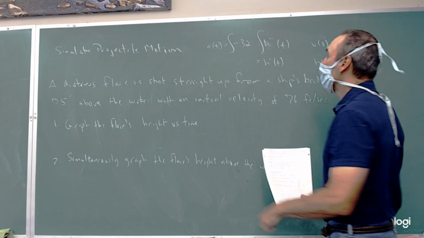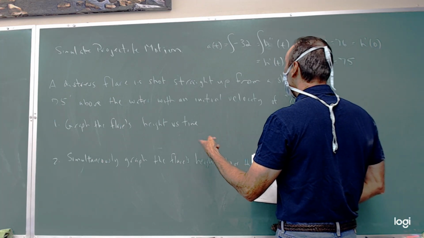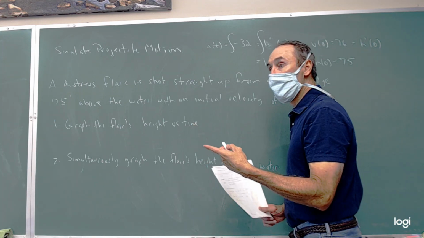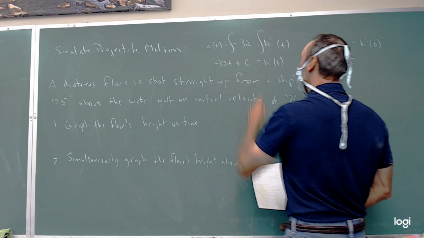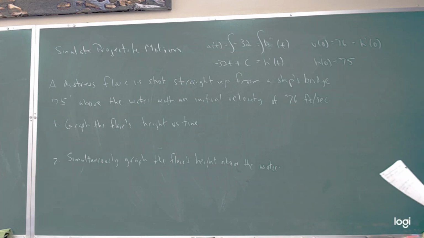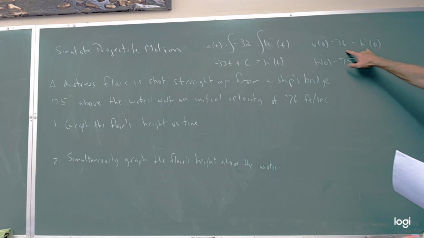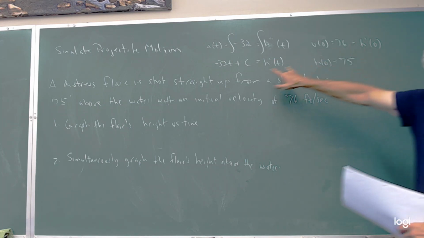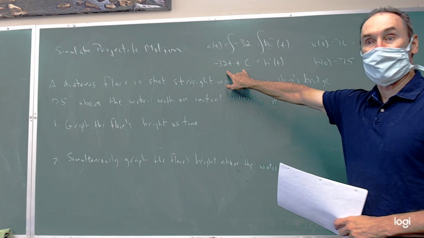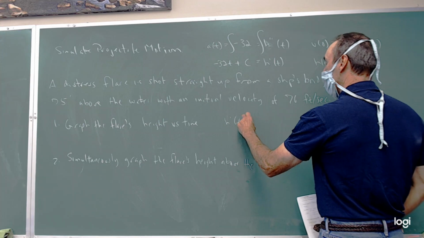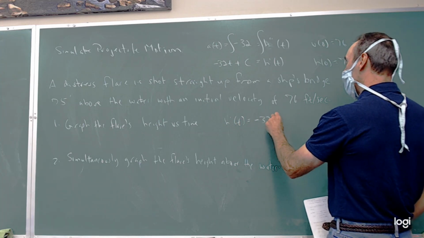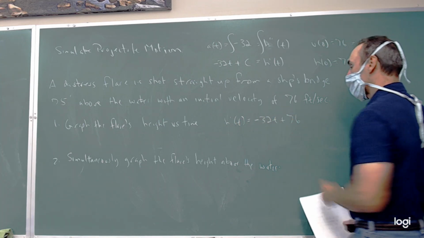Negative 32t, plus c. Oh man, how soon they forget. We'll use our first initial condition. H prime of 0 is 76. That's going to tell us that c is 76. So now we've got h prime of t is negative 32t plus 76.